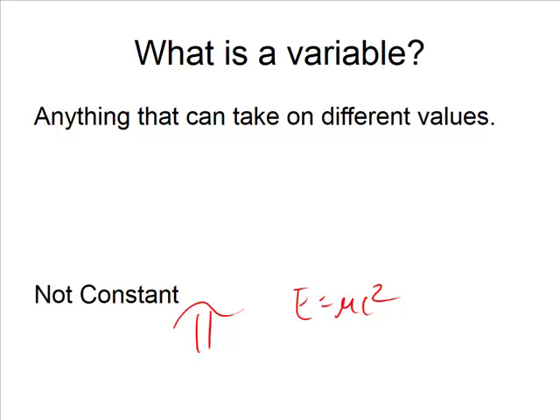Energy, E, equals mass, so how much something weighs, times C squared. Anybody know what C is? It's another constant. C is the speed of light.